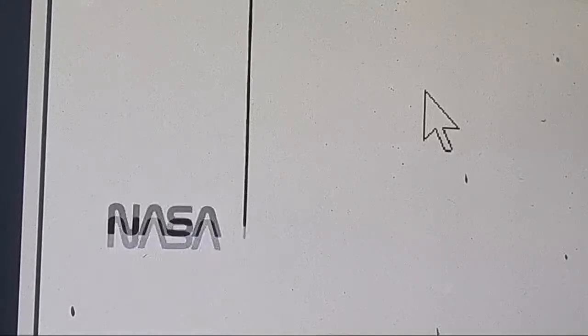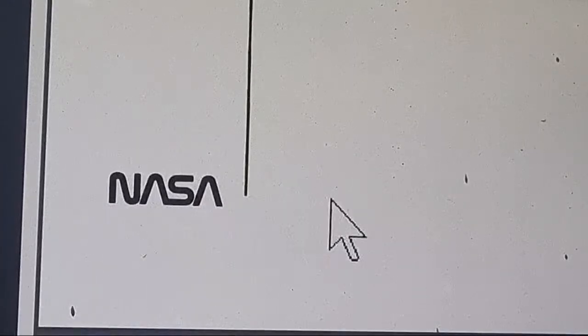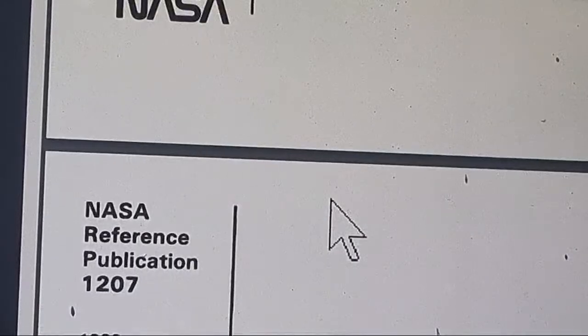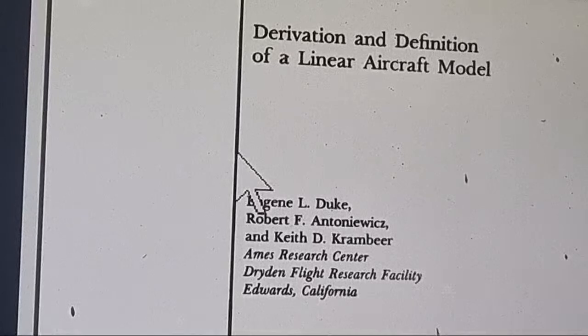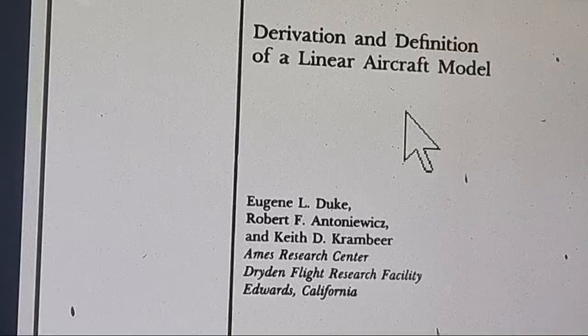Okay, let's move down one more page. There's the NASA logo, and that's the publication name again. Now, the name of the first article is Derivation and Definition of Linear Aircraft Models. So, linear means level and or line, across, horizontal.